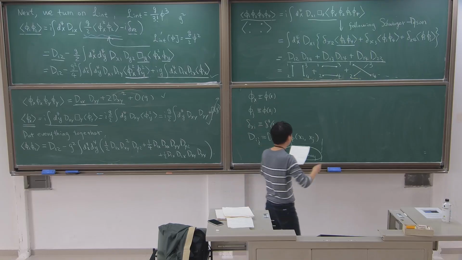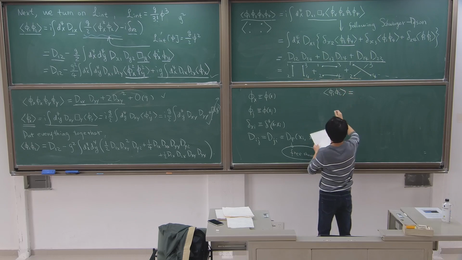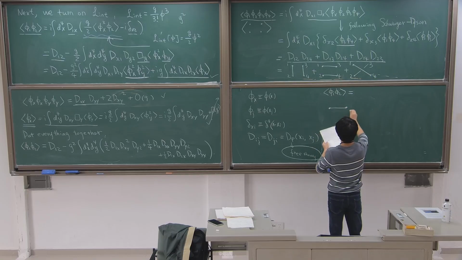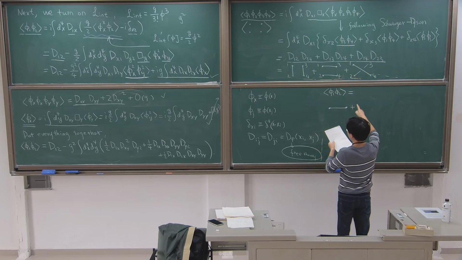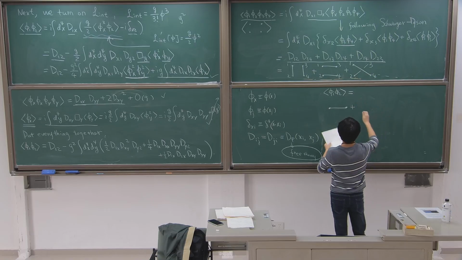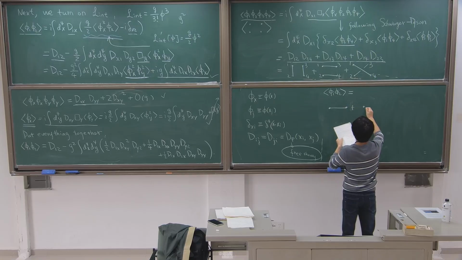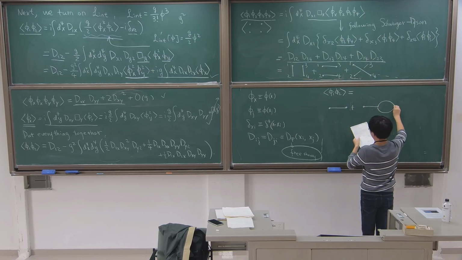So this is a free propagator that's claimed there. It's plus some G square times something, but let's also draw that picture-wise.